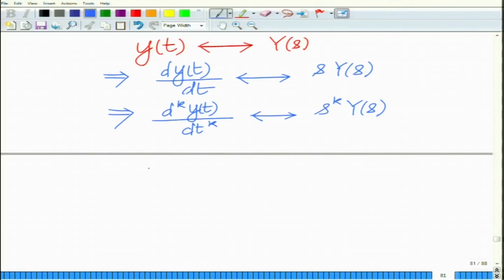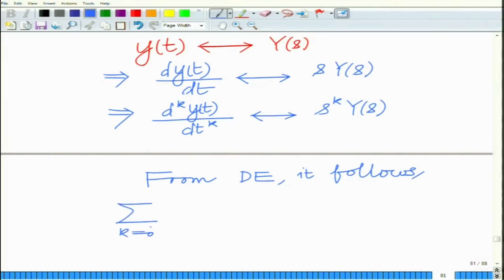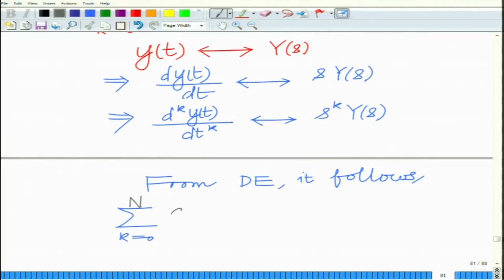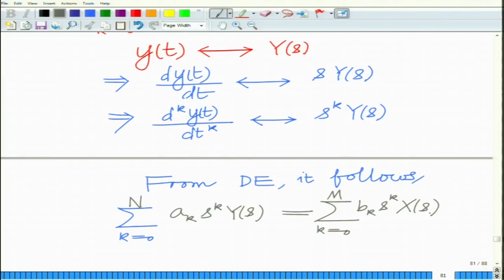Okay. So, from the differential equation it follows that we have the summation k equal to 0 to n of a_k s^k Y(s) equals the summation k equal to 0 to m of b_k s^k X(s).